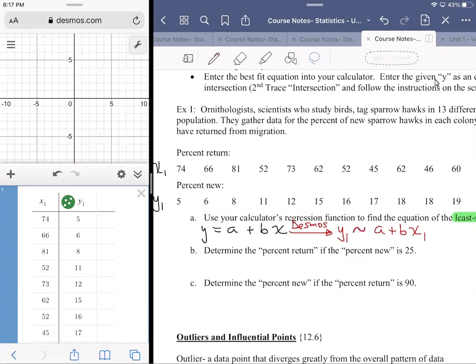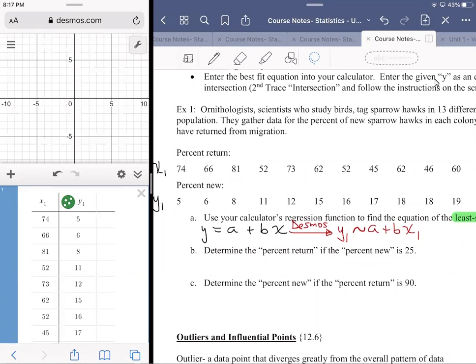That tilde represents regression. That's what Desmos understands as regressing to. So the variable y1 is regressing to the form a plus b x sub 1.